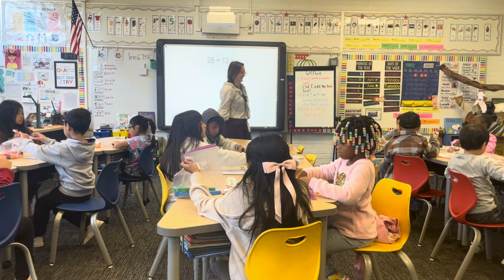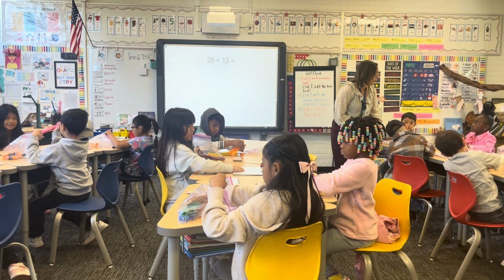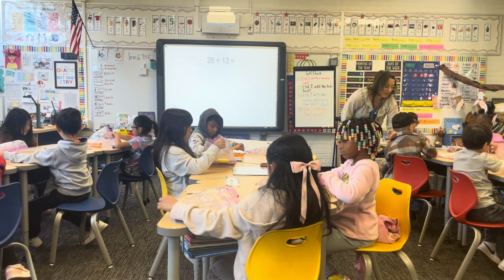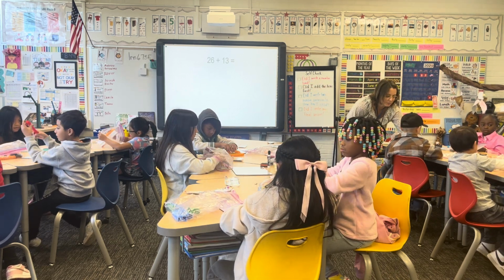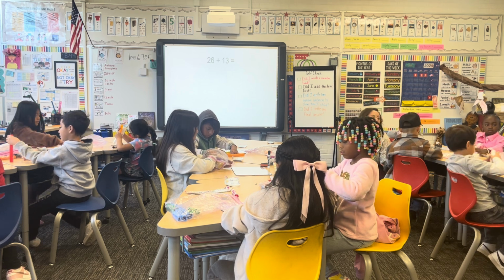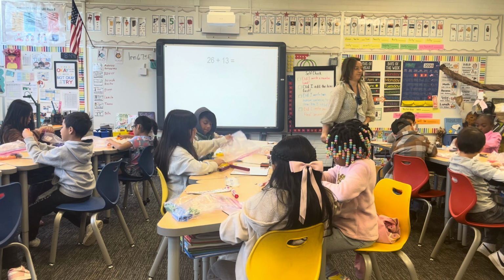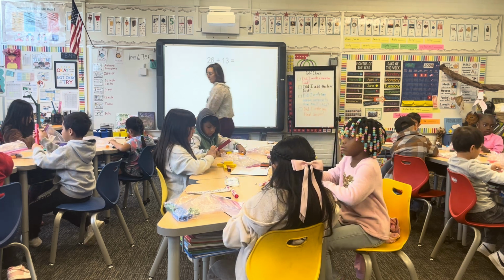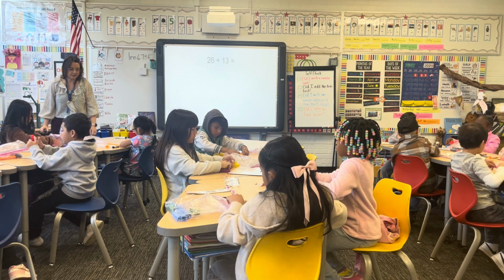Now we're going to build it with our cubes. You're going to write the number sentence, and then you're going to build it using your cubes, like you did yesterday with partners, but today we're going to do it independently by yourself, okay? I'm going to be walking around to see how your building is going.